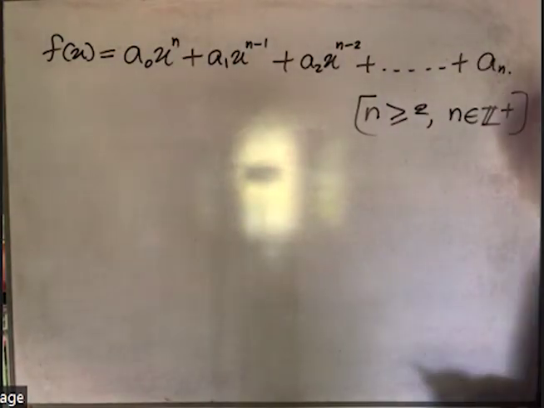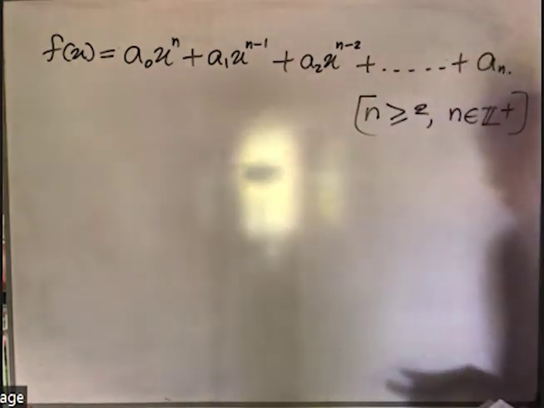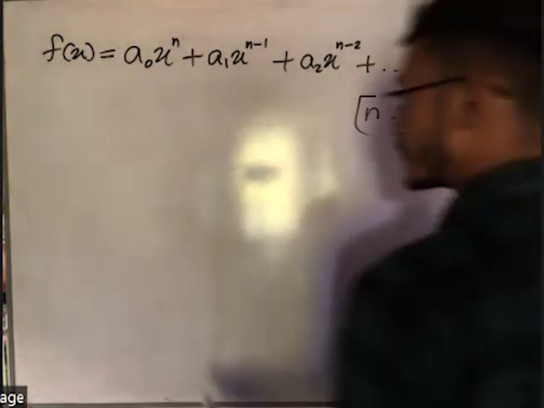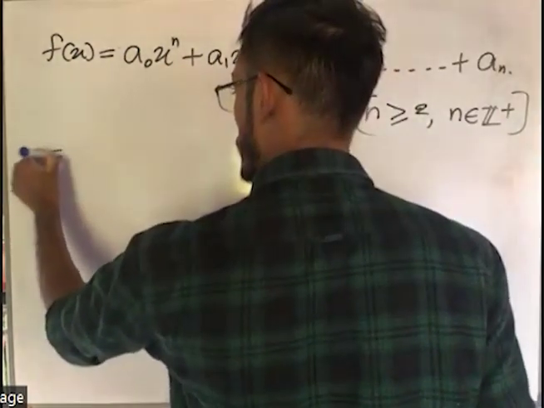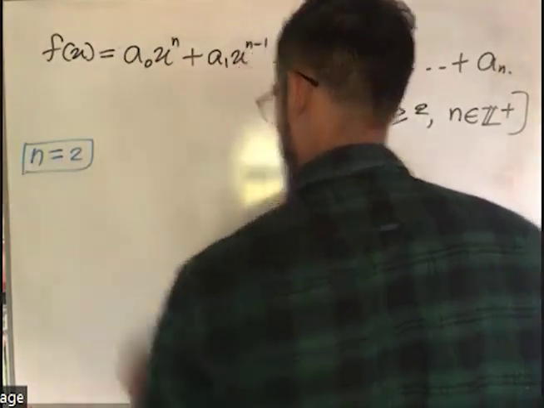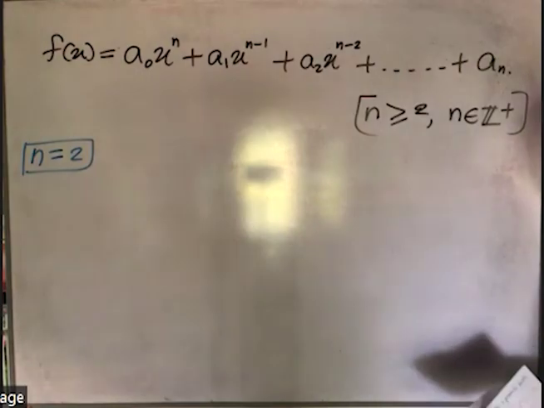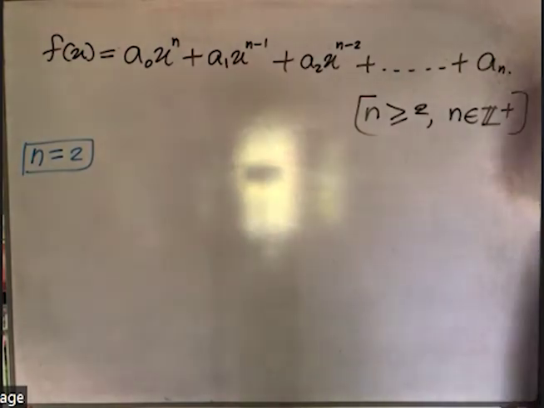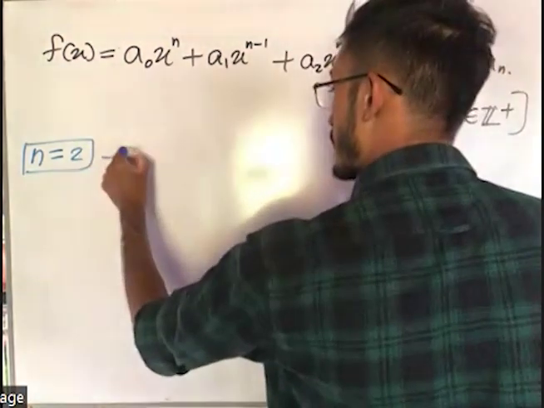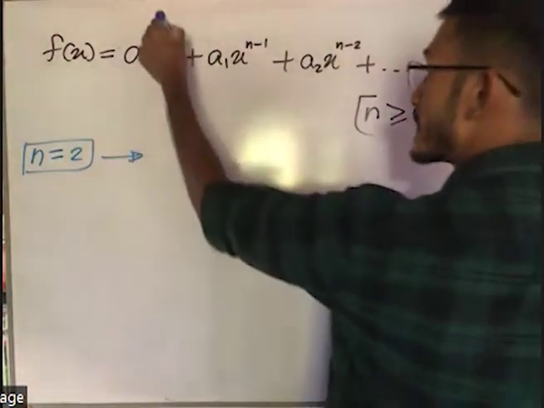Now when n equals 2, we will get a polynomial function with degree 2. n is the degree.